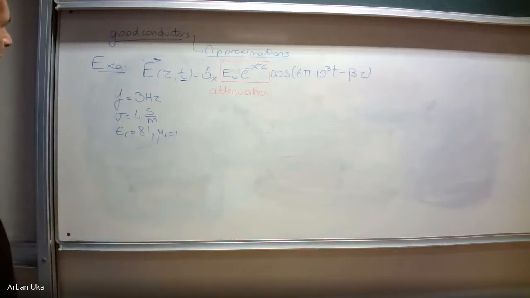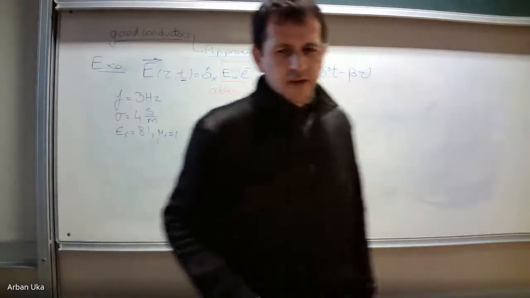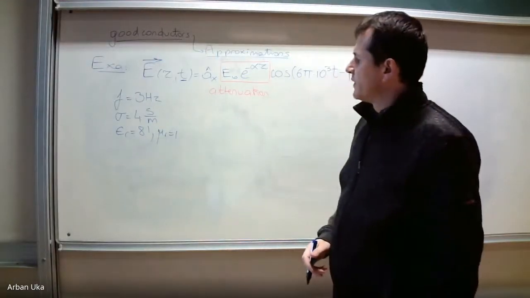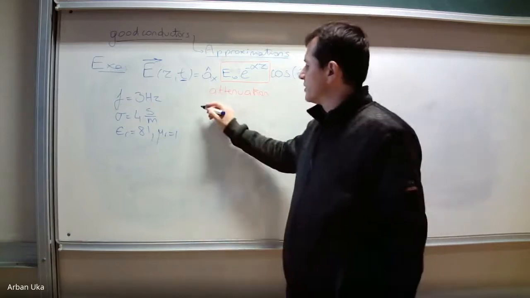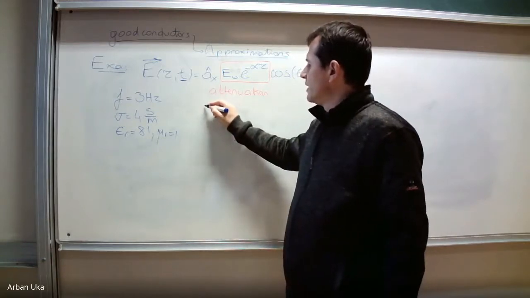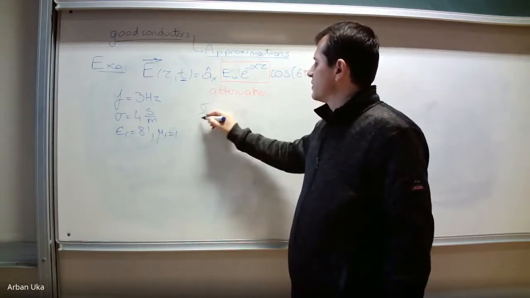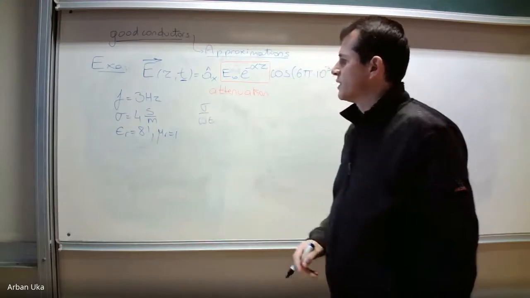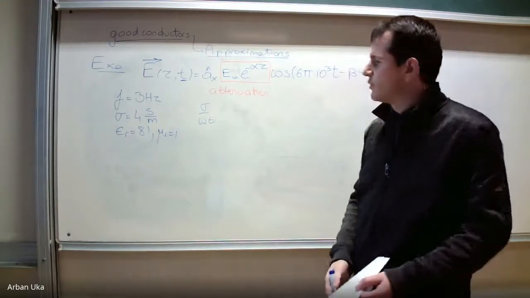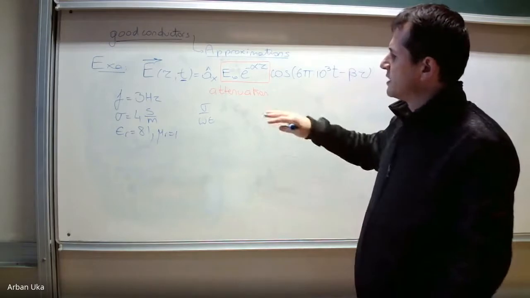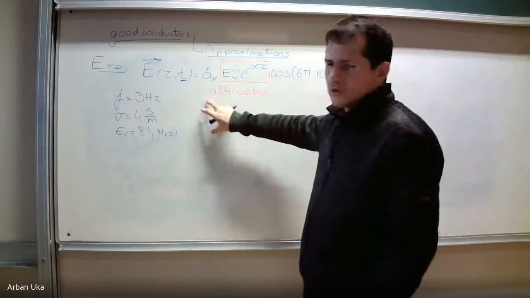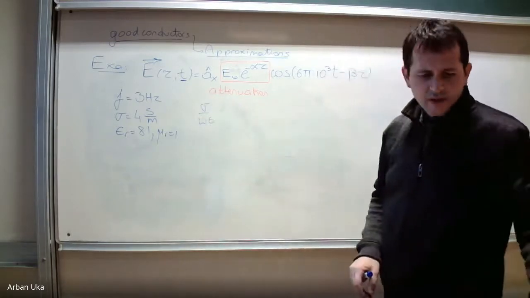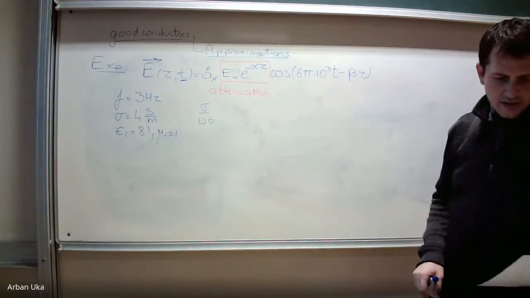These are the parameters that are provided, and the first thing we always look into is the expression sigma over omega epsilon. With these parameters we should immediately figure out in what domain this material is.